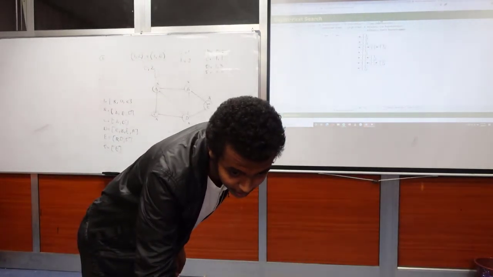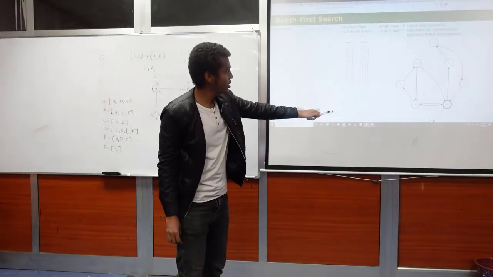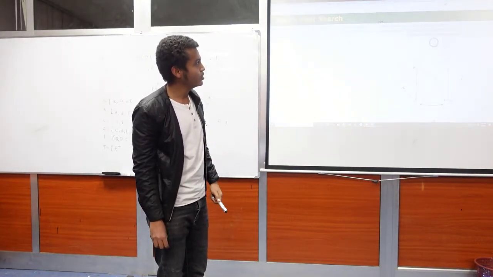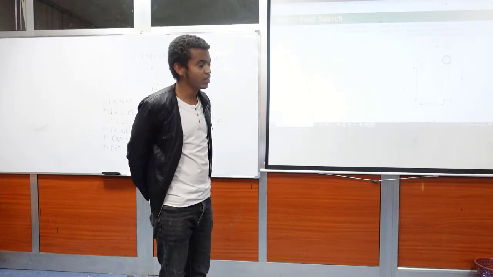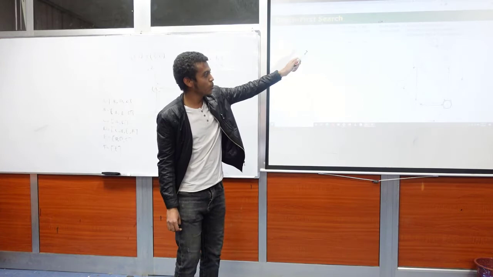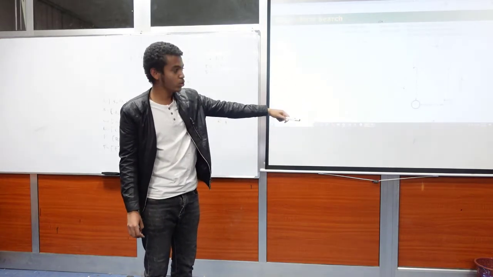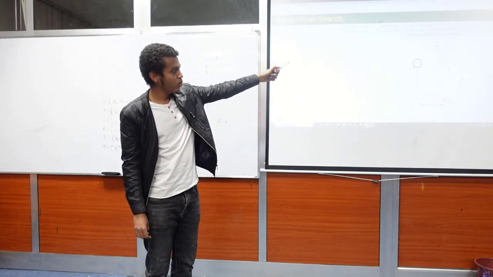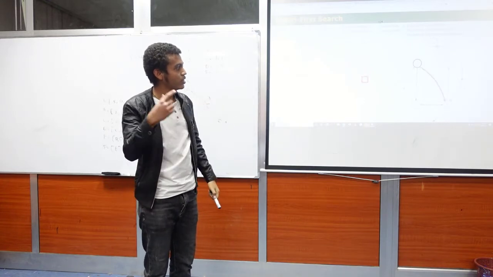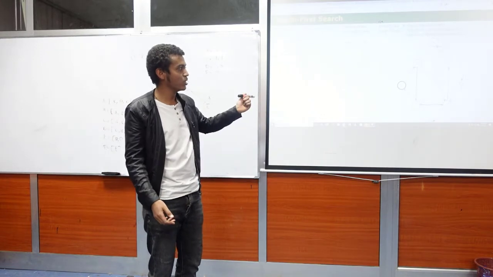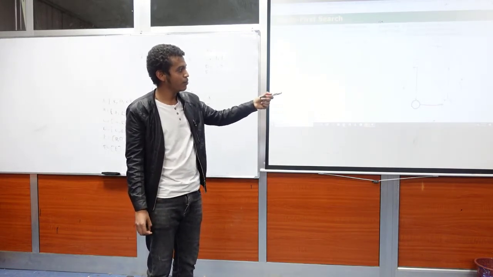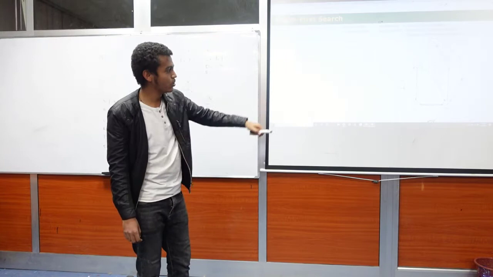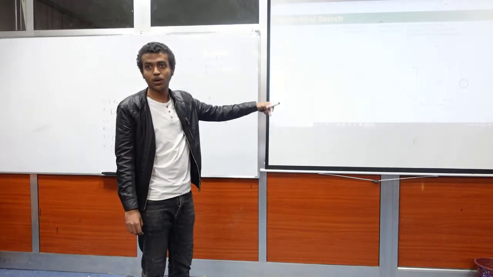Let's say 4 chooses 6, and then 6 goes for 2 goes for 0, and then 0 chooses 4, but 4 is visited, so it backtracks to 2, also backtracks to 6, and then 6 has another choice, goes to 5, goes to 3, to 1. 1 chooses 5, but 5 is visited, so it picks another, 6 is visited, so it backtracks to 3, also backtracks. 5 checks 6, it goes there, backtracks, and 6 has another option, that's 7 if it's not seen. So everything is visited now, and everything is backtracking.